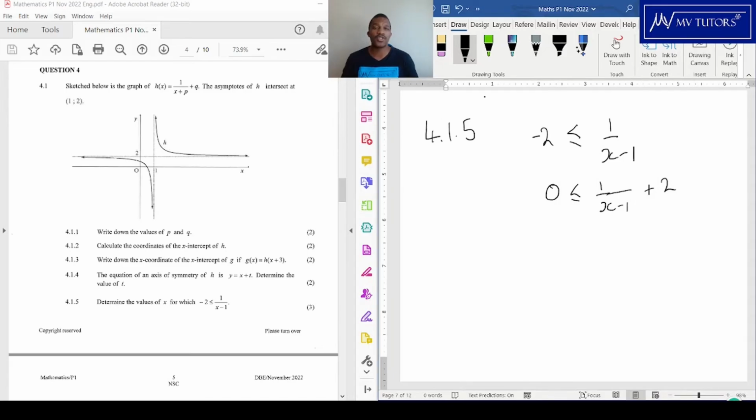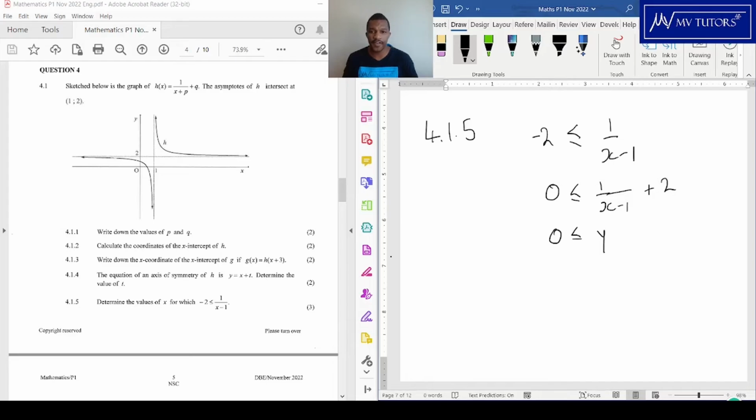This is our equation for h of x, which is this graph that we're looking at right now. Also, I like to represent this with y, because this whole thing is y. h of x can also be a y. The reason I put y there is because it makes more sense to say I'm looking for values of x where y, if you read this inequality, means where y is greater than 0.